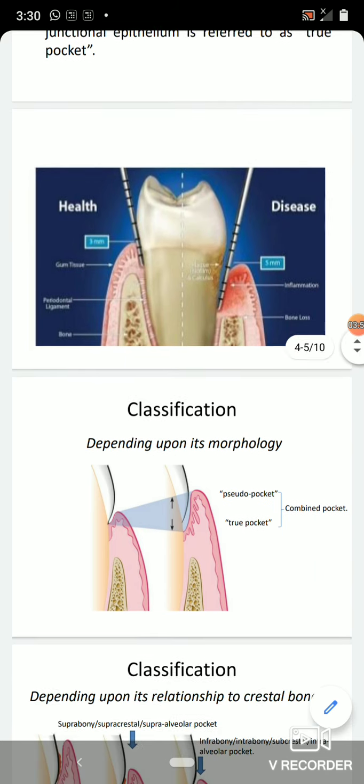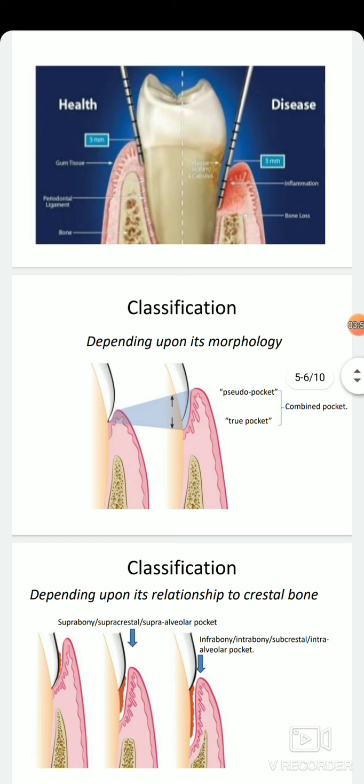So coming to classification of periodontal pockets, based on the morphology, the pockets can be classified as pseudo pockets and true pockets. Pseudo pocket is where the deepening occurs due to coronal placement of marginal gingiva, whereas true pocket occurs due to apical shift of junctional epithelium.